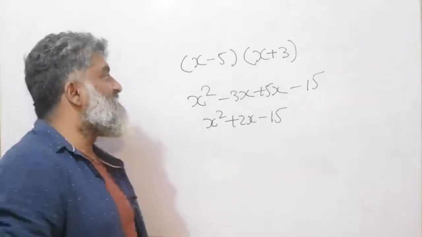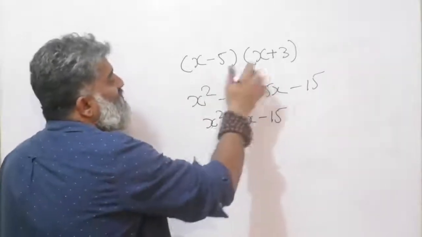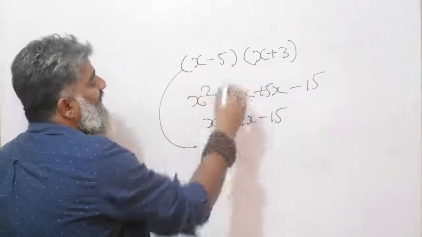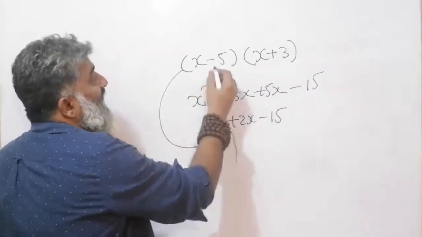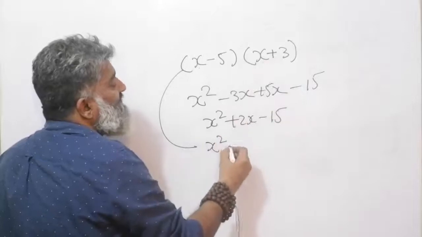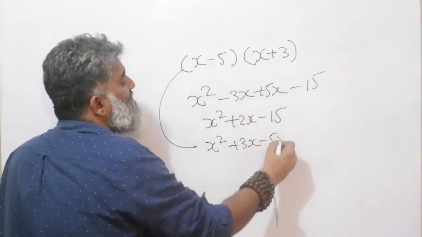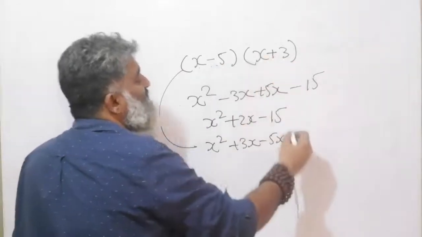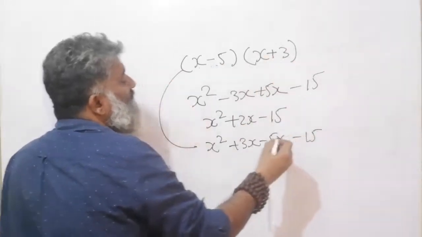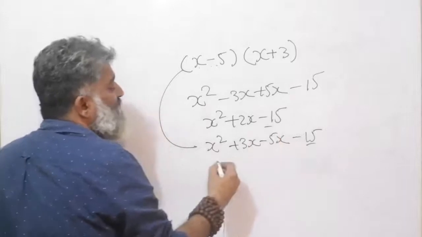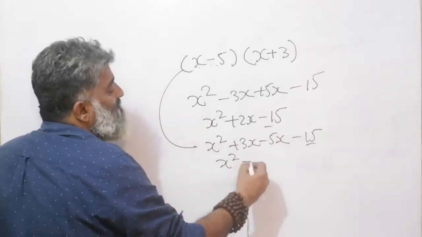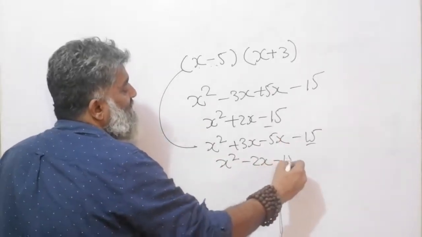It's on our fingertips, right? So if I change the story and build it again, I will get an x square. I'll get x into 3, which is a plus 3x. And I'll get a minus 5 into x, which is a minus 5x, and a minus 5 into plus 3, which will give me a minus 15. So this minus 15 is the same, but notice this time it will become x square minus 2x and minus 15.